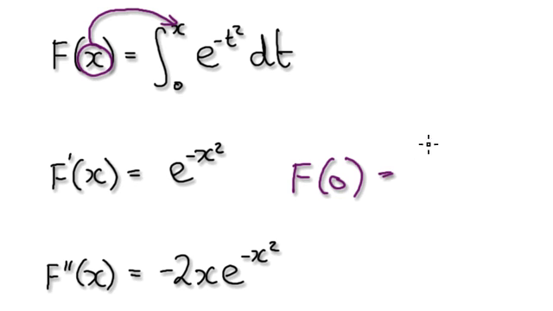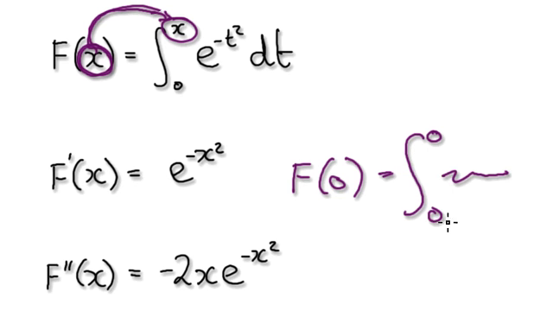So f of 0 is you finding the integral, putting this x into this x here. So it's you finding the integral of the function from 0 to 0. Well, whenever these two limits are the same, even if it's from a to a, the integral will be 0.